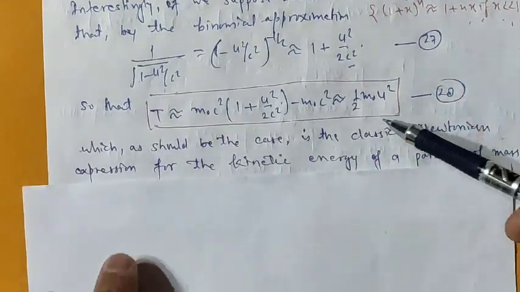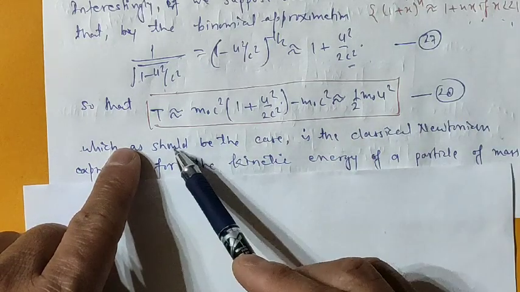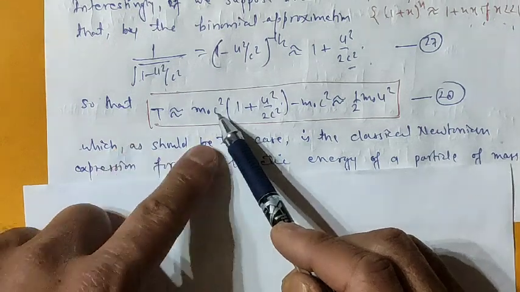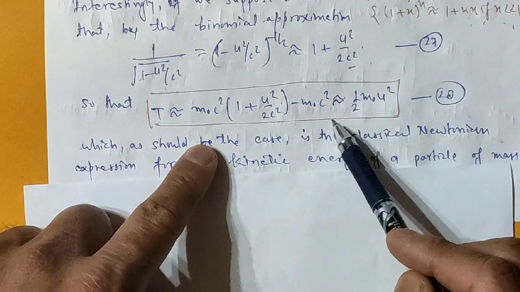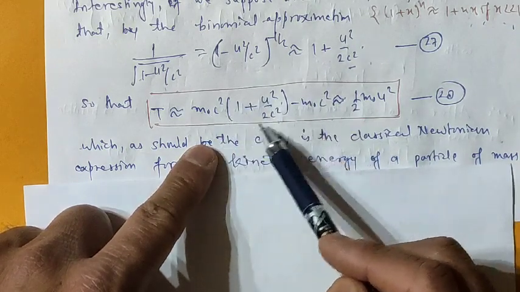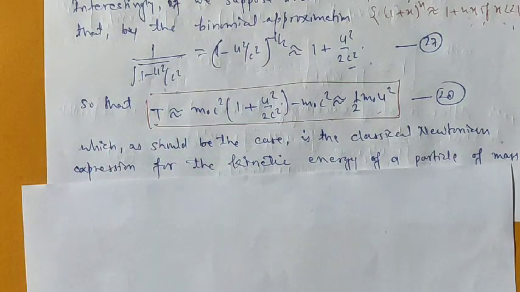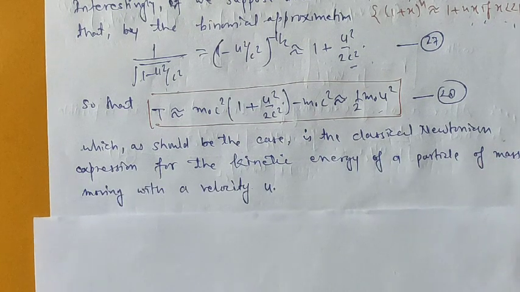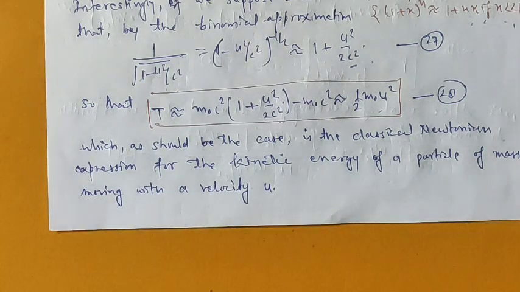Putting this condition in equation number 26, T is approximately m naught c square times 1 plus u square divided by 2 c square, minus m naught c square. The m naught c square terms cancel out, and finally you have half of m naught u square, as should be the case in the classical Newtonian expression for the kinetic energy of a particle of mass moving with a velocity u. This is a limiting case we have already achieved.